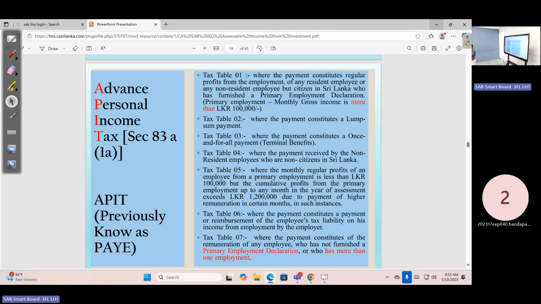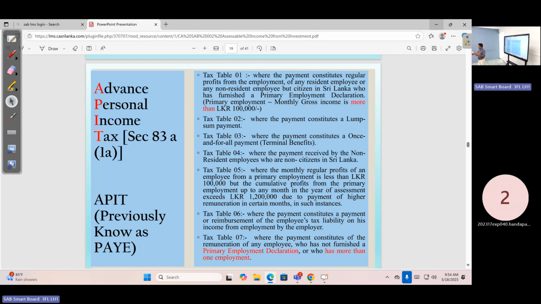If it is coming to retirement, the terminal benefits qualified for tax purposes, most of them are tax exempt. Just like an approved fund, the EPF, if you are getting it from an approved fund, it is tax exempt. Contribution to the approved fund is deductible as business income; otherwise, it is not deductible.